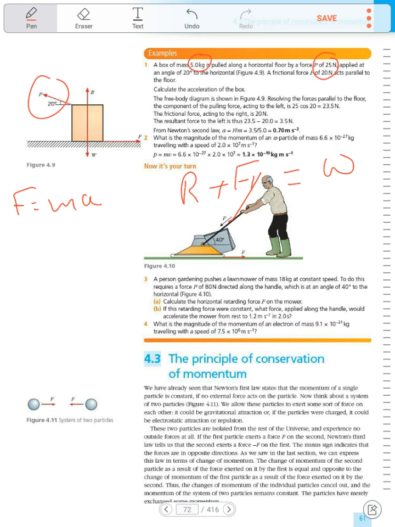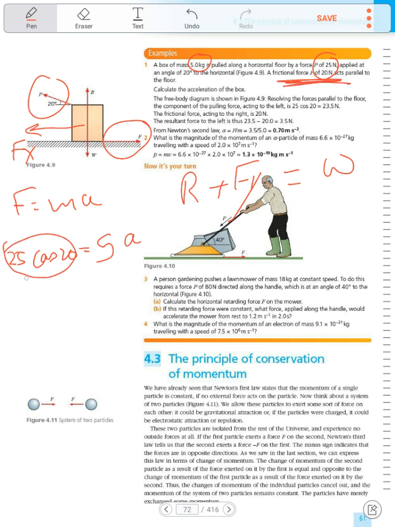The horizontal component of the force is 25 cosine 20, and it equals the mass, which is 5, multiplied by acceleration. In this way you can find the value if there is no friction. But here we have another force, which is a frictional force. So I take this minus friction equals 5a. So 25 cosine 20 minus friction, which is 20, equals 5a.